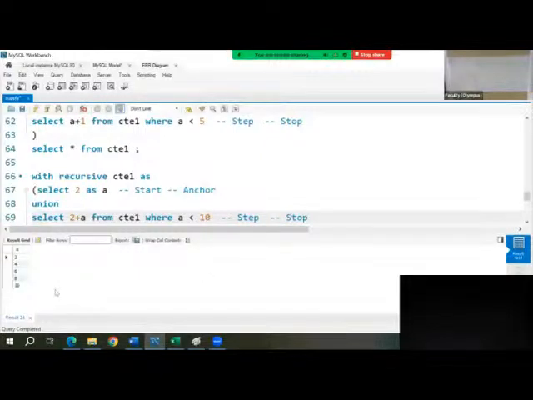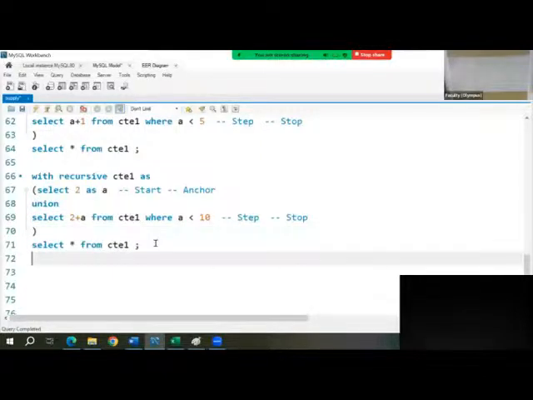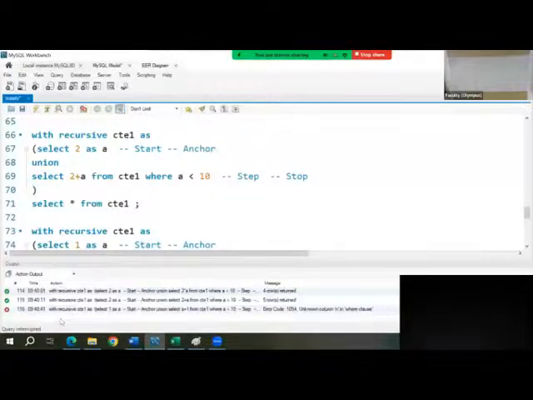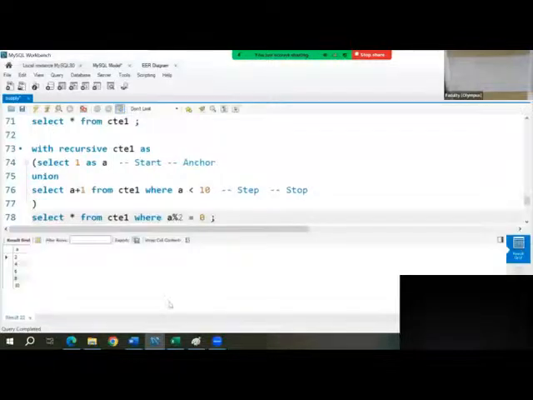Another way to write it is, I can generate all the numbers till 10, like I did earlier, just putting A plus 1. I can generate all 10 numbers, and then here I can write where A modulo 2 equal to 0.